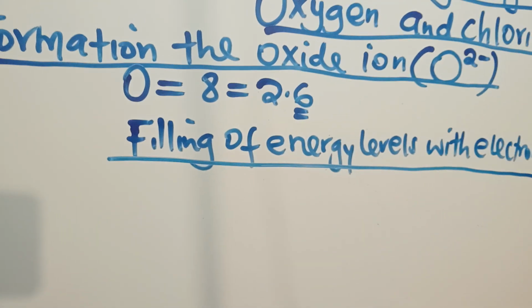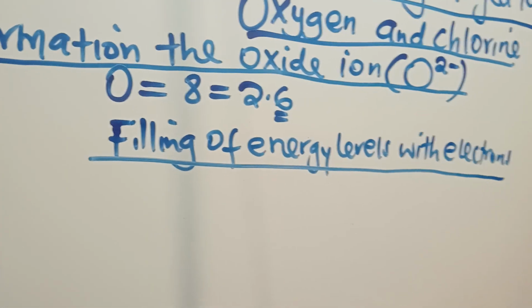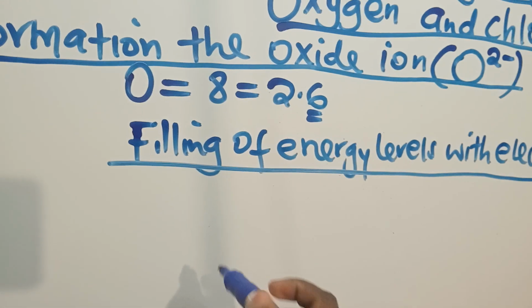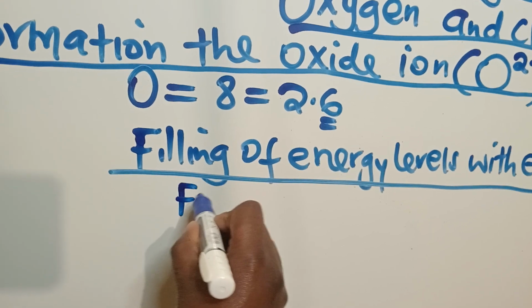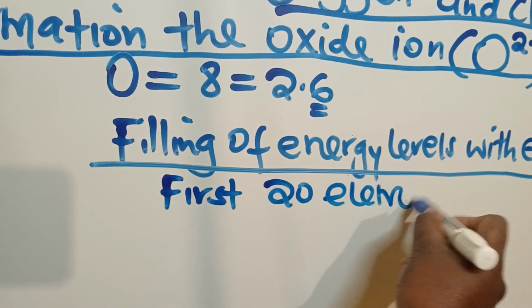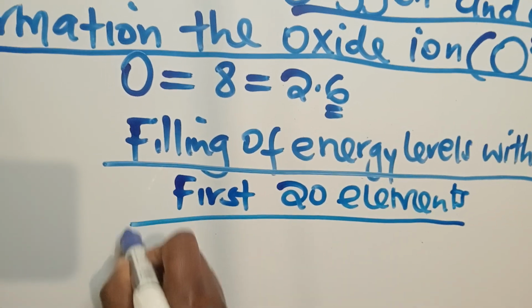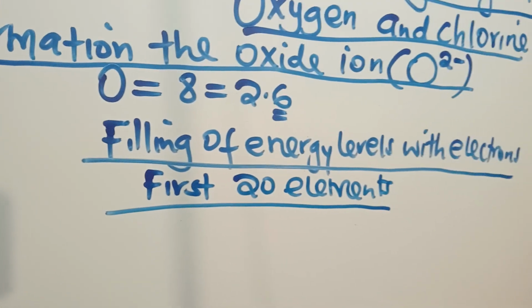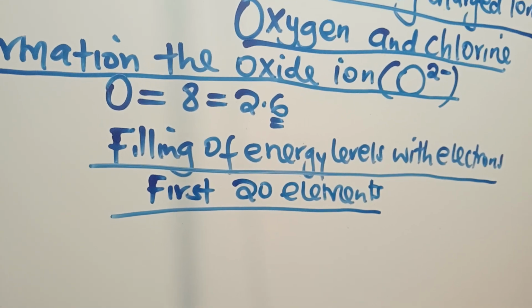Let me remind you of something that is very, very important, especially when you're dealing with the first 20 elements. So there are these rules that we follow when you're filling the energy levels.